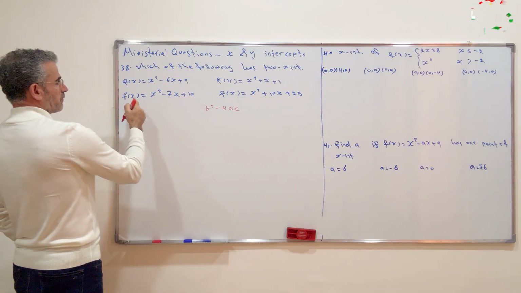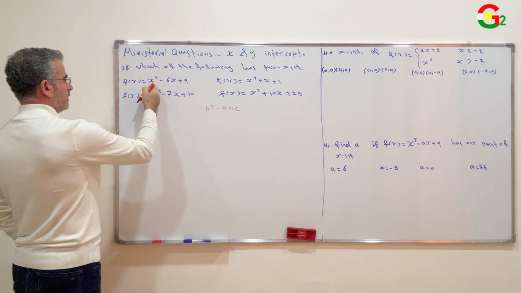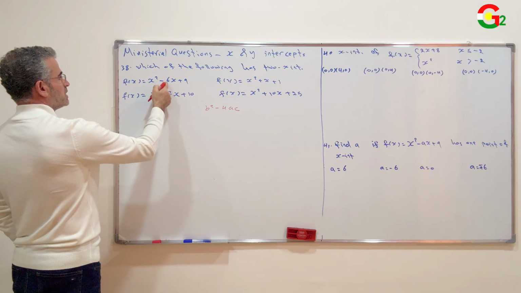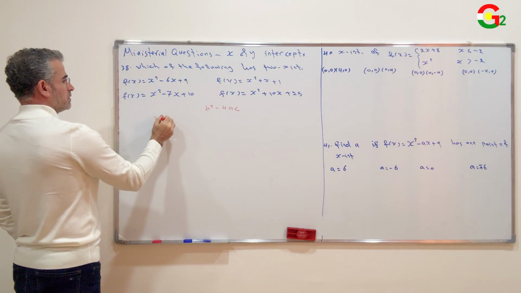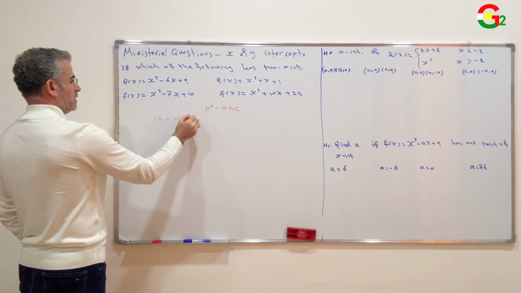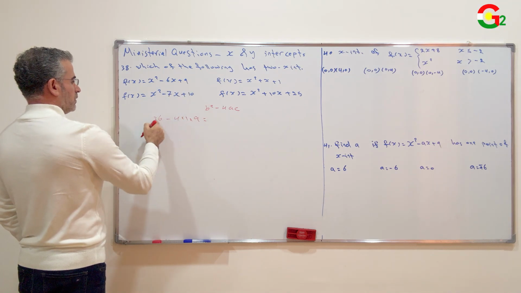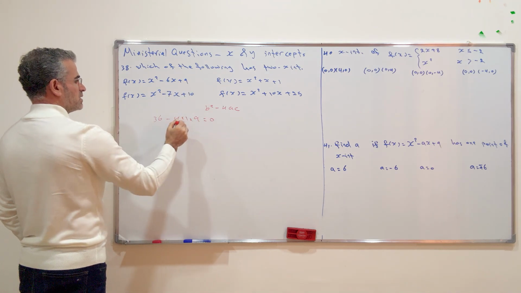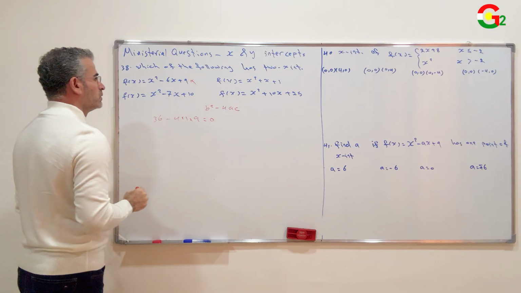in the function. Let us see the first function: b squared, 36, minus 4 times a, 1, times c, 9, equals 36 minus 36, which is 0. Then this function has 1 root.